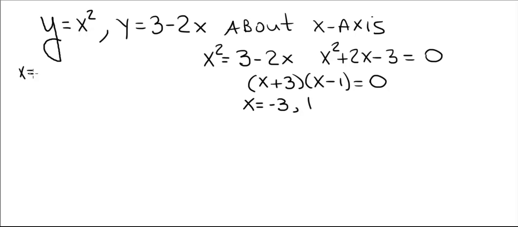When x equals minus 3, plugging it into either line or parabola, y is 9, and when x equals 1, y also equals 1.